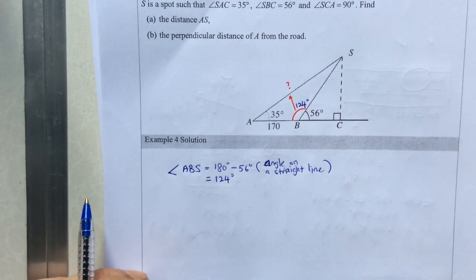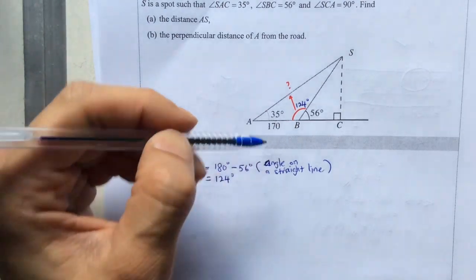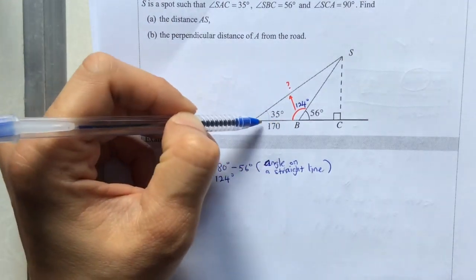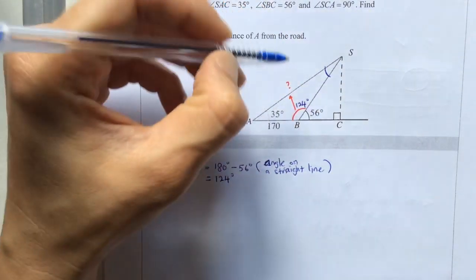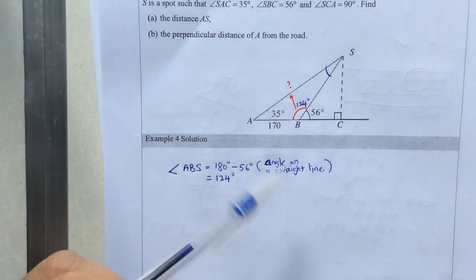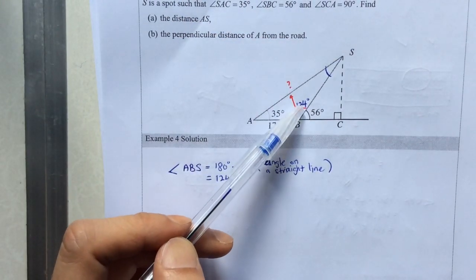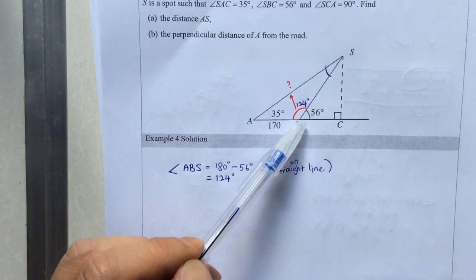So I need another pair, and I can see that there's a side here, 170, and opposite of this AB is an angle, which is the angle ASB. After I label 124 here, I can find ASB by using the angle sum of triangle.